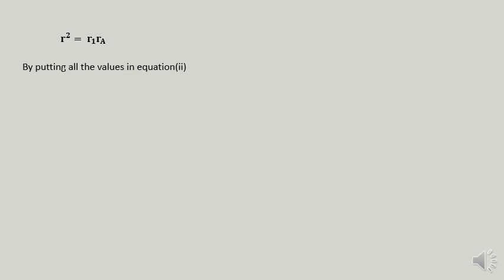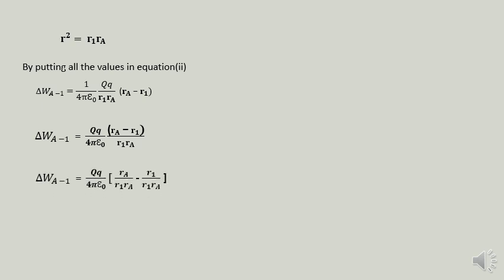By putting all the values in equation 2, we get delta W A to 1 equals 1 upon 4 pi epsilon naught, capital Q small q divided by R1 RA, multiplied by RA minus R1. Now we can write this equation: delta W equals Q upon 4 pi epsilon naught, RA minus R1 upon R1 RA.